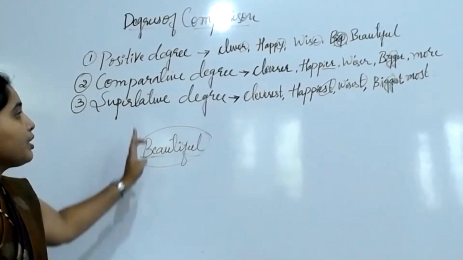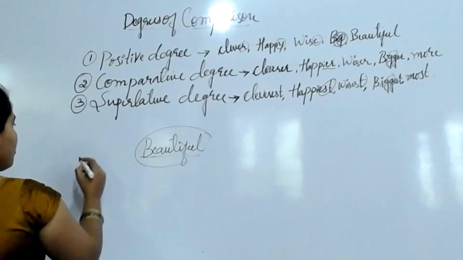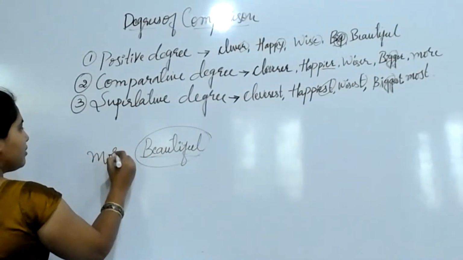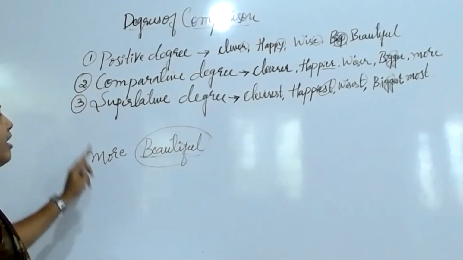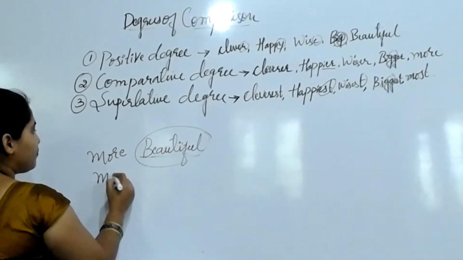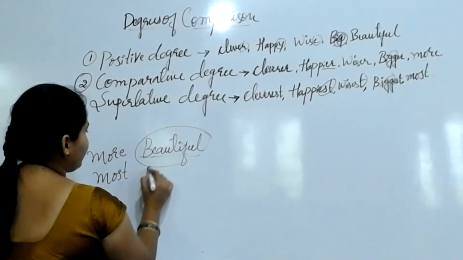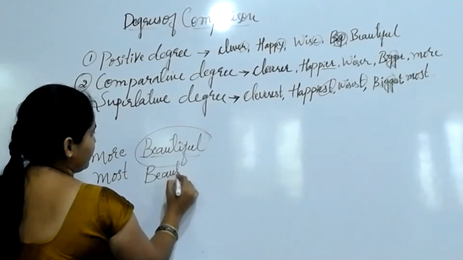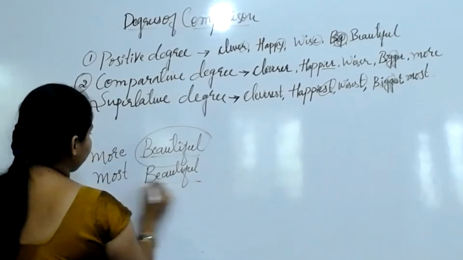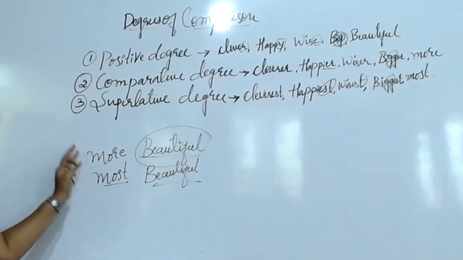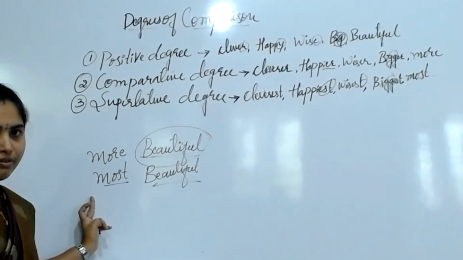In that situation, you have to use more beautiful for the comparative degree and most beautiful for the superlative degree. Beautiful, more beautiful, most beautiful.